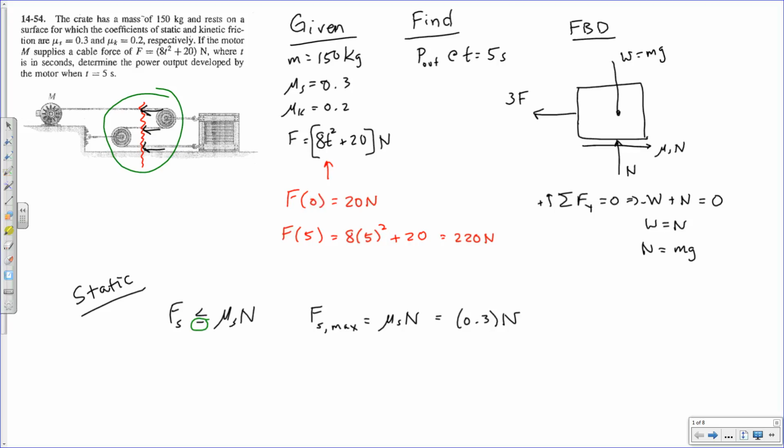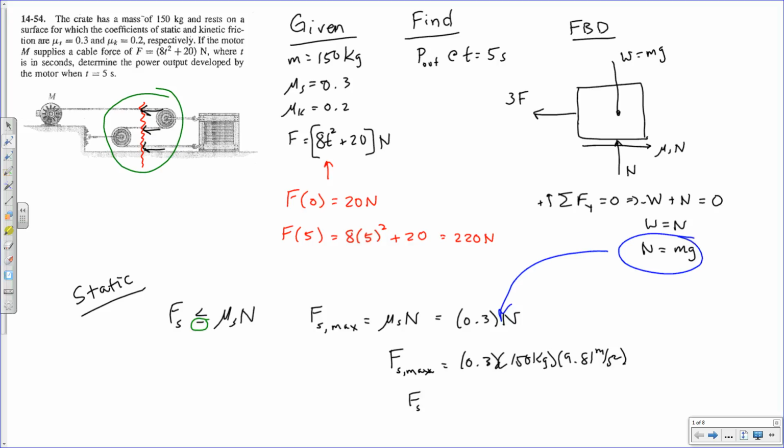Plugging this new relation for the normal force in down here, we find that the maximum static friction force is going to be equal to 0.3 times 150 kilograms times 9.81 meters per second squared. I use the units in my equations to remind myself that I'm dealing with SI, not English engineering units.